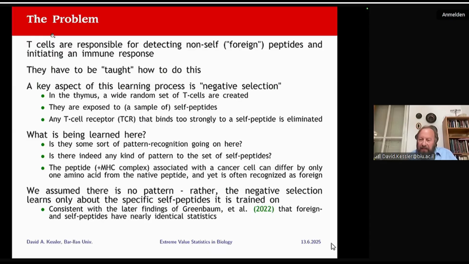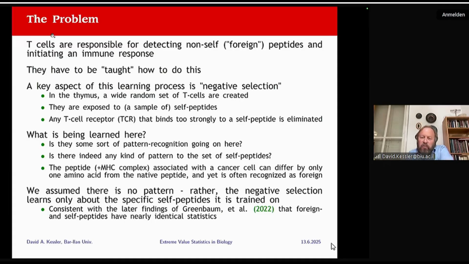And if these T cells can just figure out how to decode the code, that would be a good way to identify friend versus foe. But that assumes that there's actually a pattern here, that there's some way of distinguishing a priori the set of self-peptides from the set of other peptides that the body encounters.